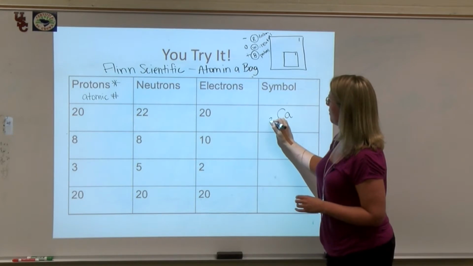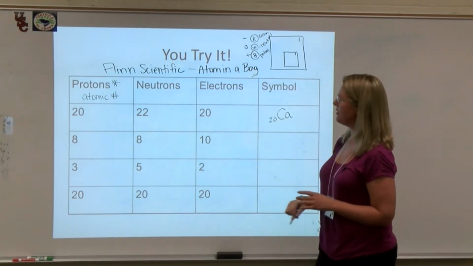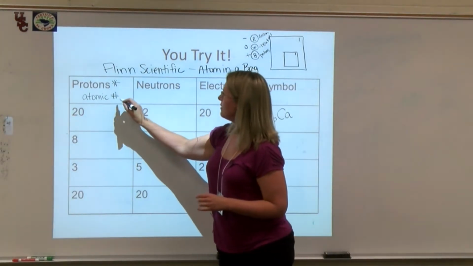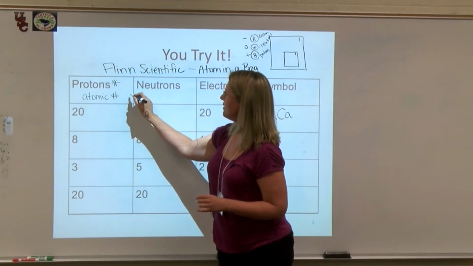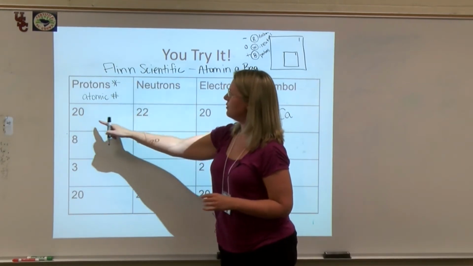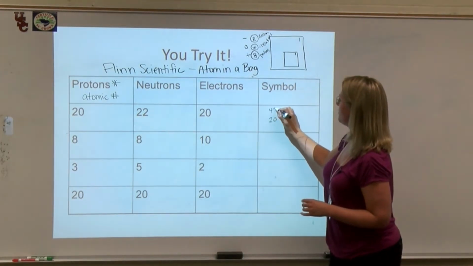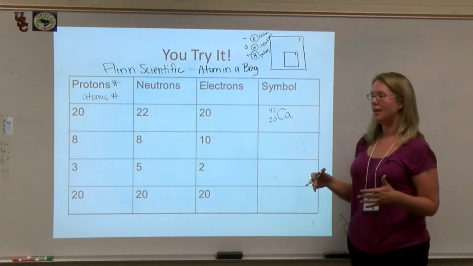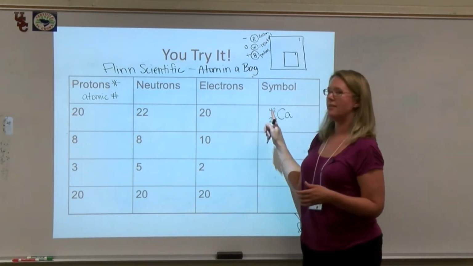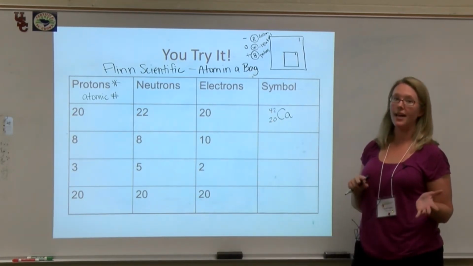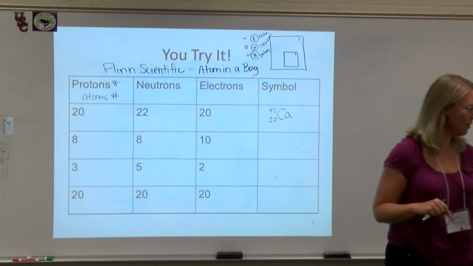You would put your atomic number down here at the bottom, like this. Remember, mass number is going to be both of these things added together, so protons plus neutrons, so we do 20 plus 22, and that's 42. And I intentionally design my examples so that this mass number does not always match the average atomic mass on the periodic table.